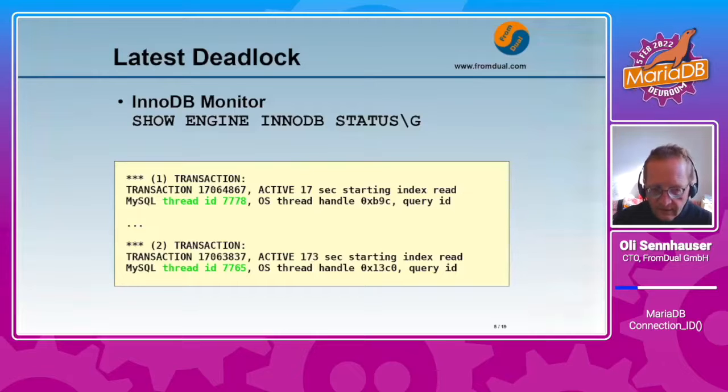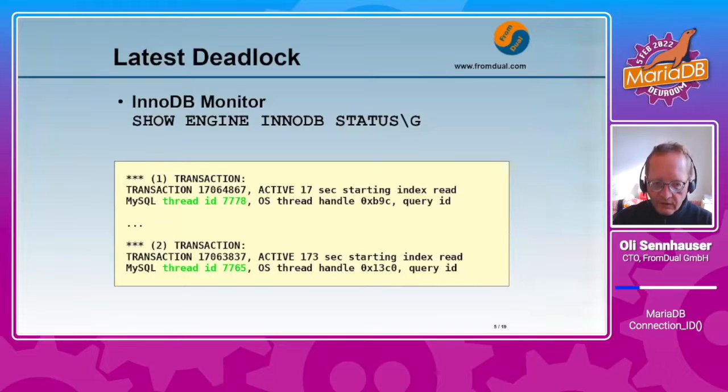So where else can we see the Connection Id? In the InnoDB monitoring, which you get with show engine InnoDB status, you have various information about the state of InnoDB. One section is the latest deadlock you have received in your database or in your application.